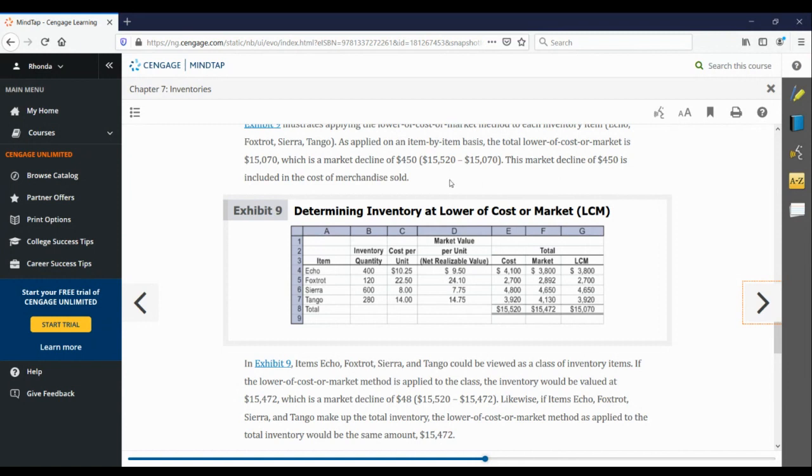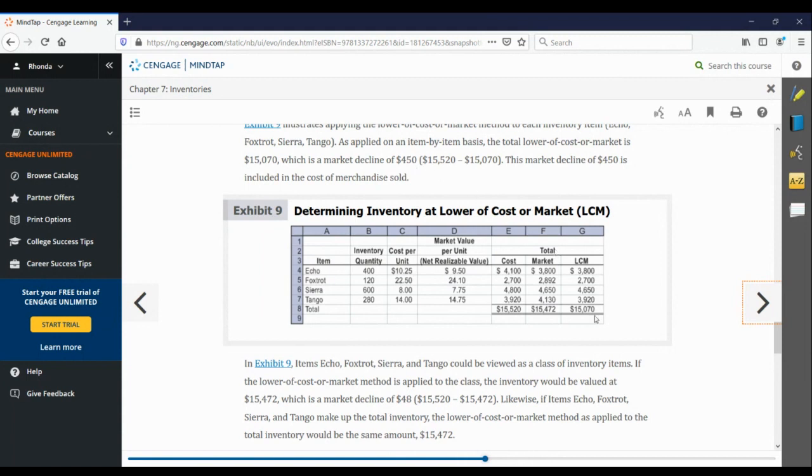So on an item by item basis, the amount of the merchandise inventory cost should be reduced by $450 to make our merchandise inventory account agree with what needs to go on the balance sheet. Our balance sheet amount should show that the merchandise inventory has decreased by $450.